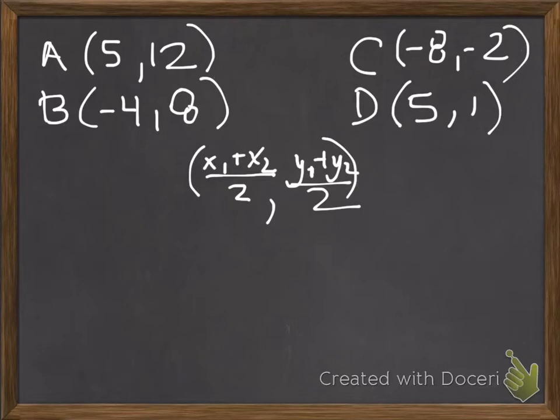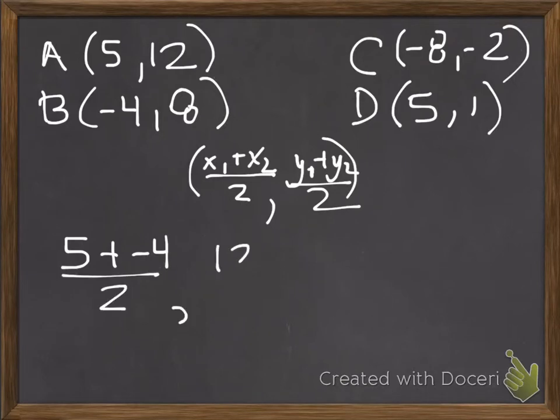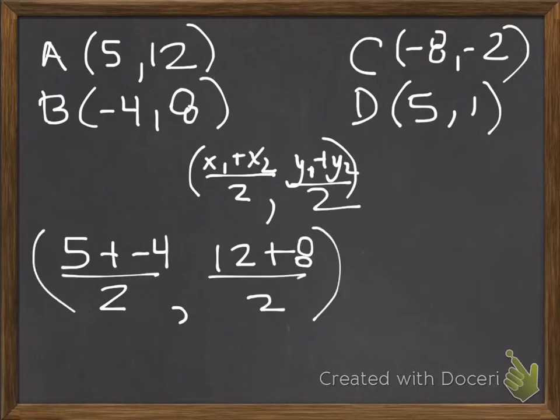So if you take the x coordinates here for AB, you have 5 plus negative 4 divided by 2, comma 12 plus 8 divided by 2. So it's set up as a point. That gives you 1/2, and 20 divided by 2, which is 10. So that would be our midpoint for AB.